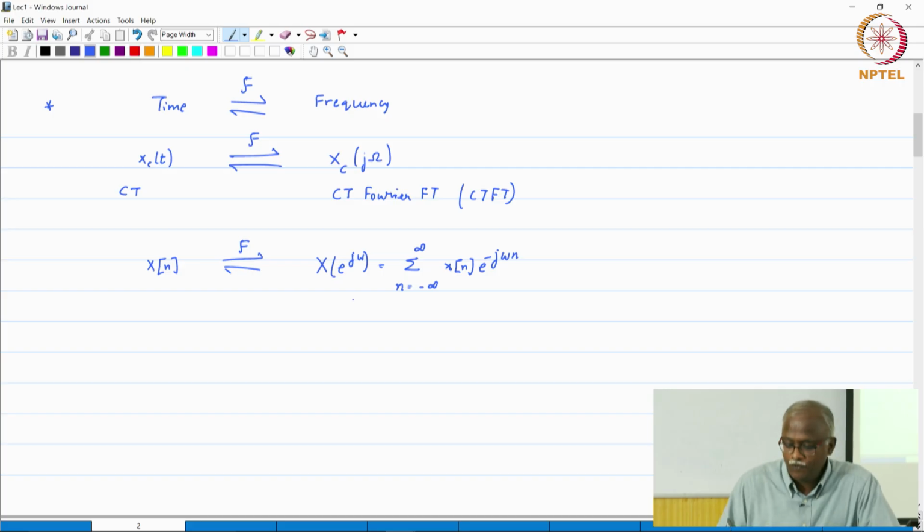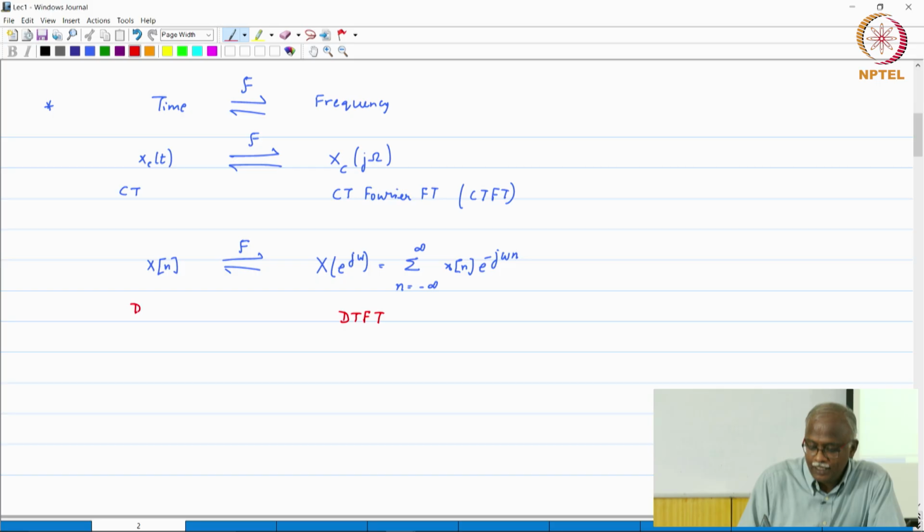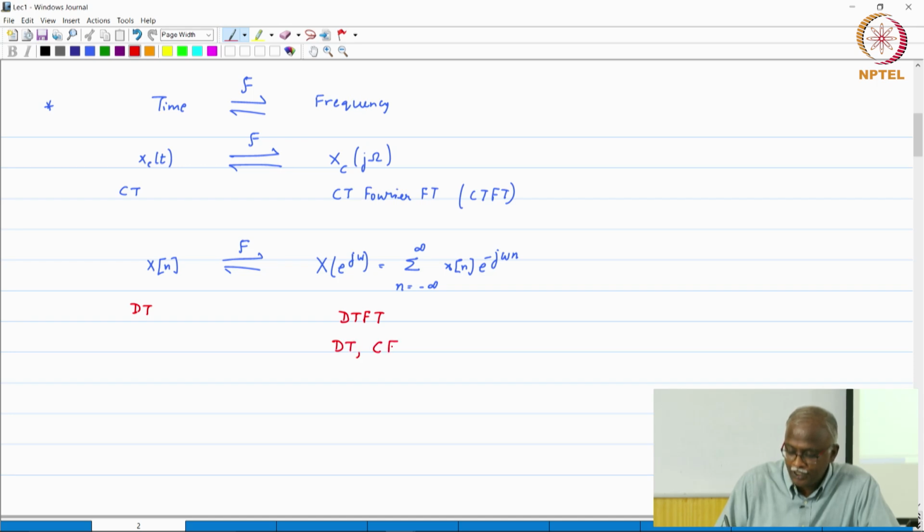This transform, as you will recall, is called the discrete time Fourier transform, because the signal is discrete time as opposed to a continuous time signal. It is discrete in time and continuous in frequency, because omega is your frequency variable, and that is a continuous variable.